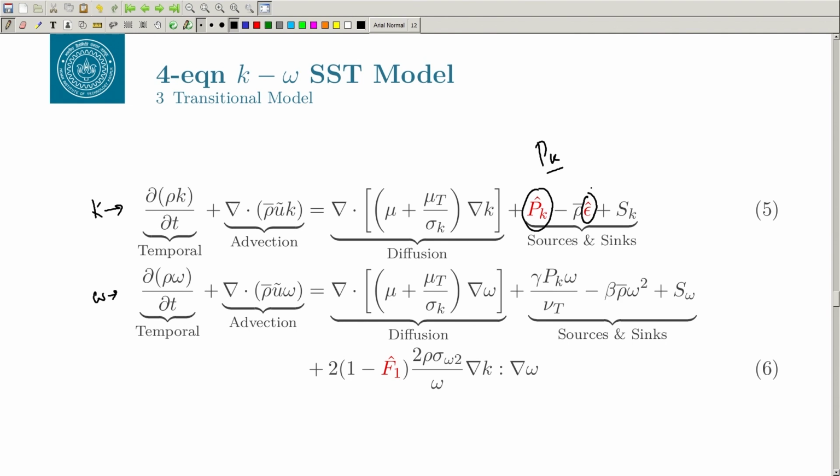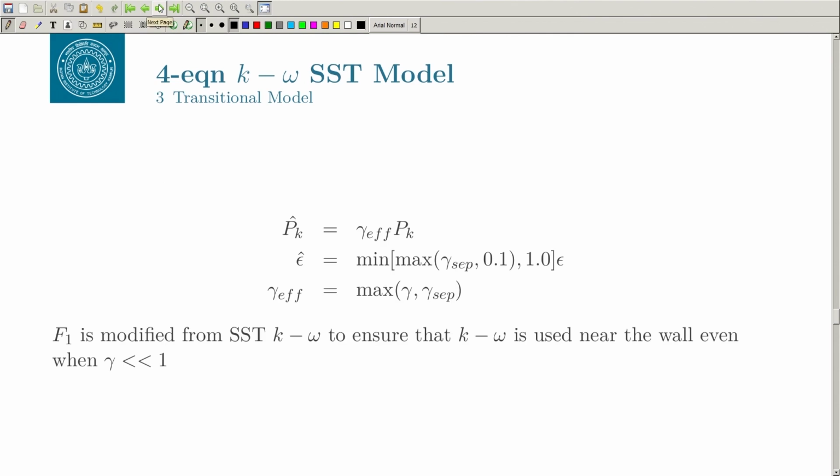Then there is the epsilon term, which is the dissipation rate, and this term also has been modified. And finally, you have the blending term F1, which also has been modified slightly here. Other terms remain the same, but there are certain terms which have been modified. So, let us look at the modifications of these terms.